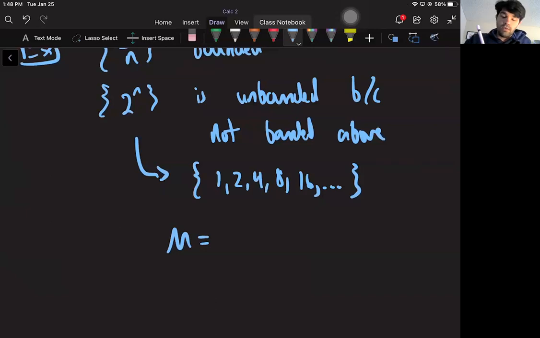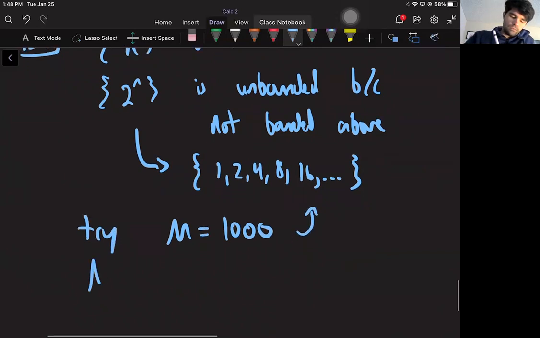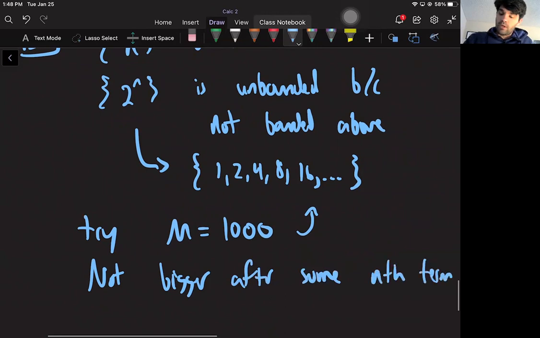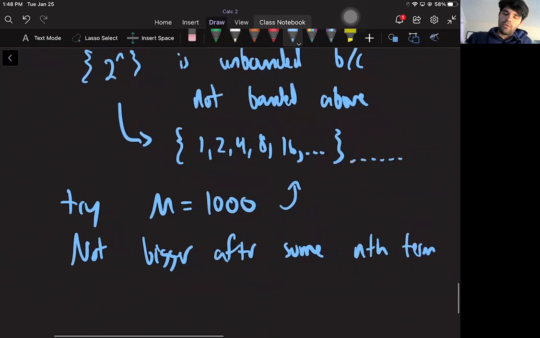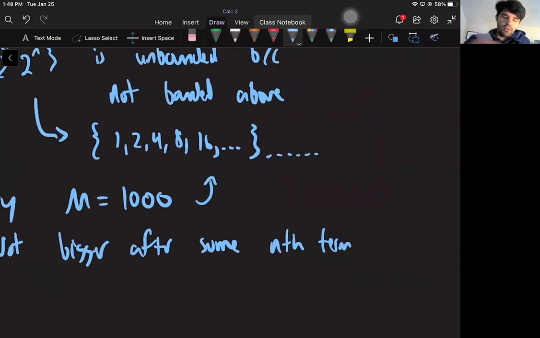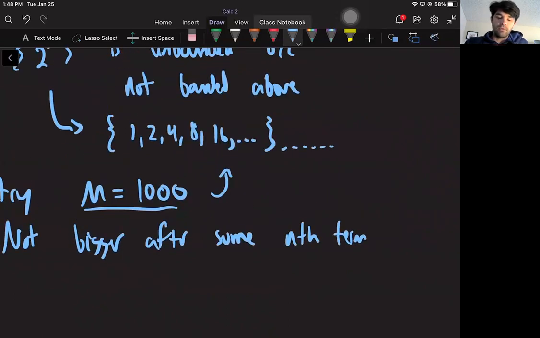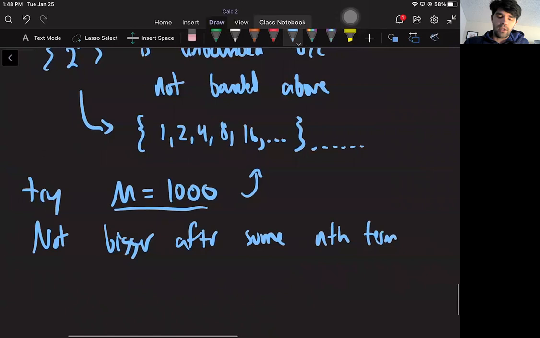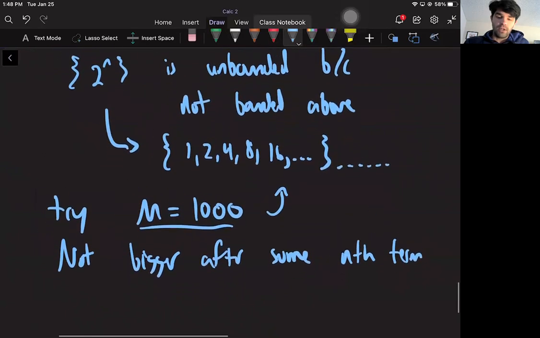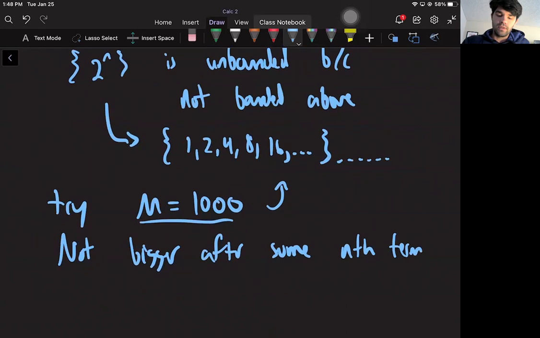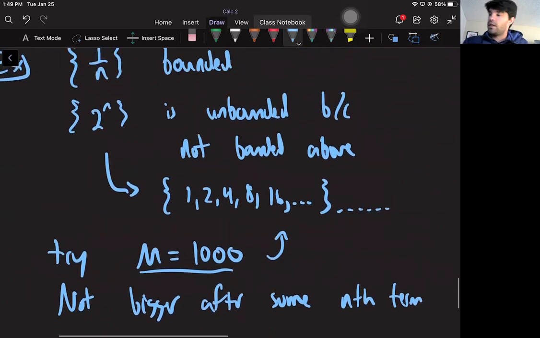You can pick 1,000 and say this is bigger than everything in there, but it's not. It's not bigger after some nth term, because all I have to do is go further out in the sequence and eventually I will surpass that bound. I've only written 5 numbers, but once I get to a certain point, I will surpass that bound. No matter what bound you try to make, I can always surpass it by going further in the sequence. So that's why 2 to the n is unbounded.